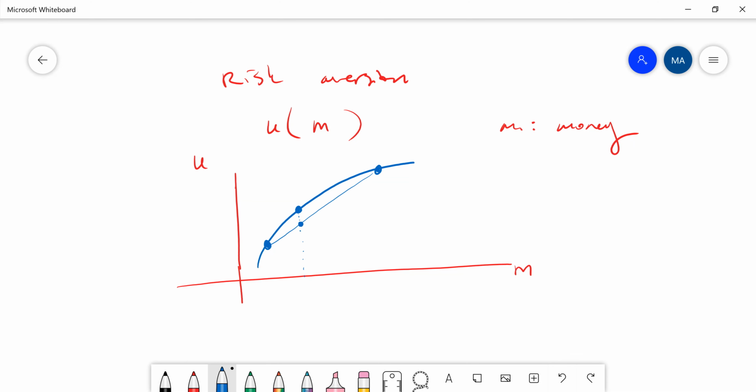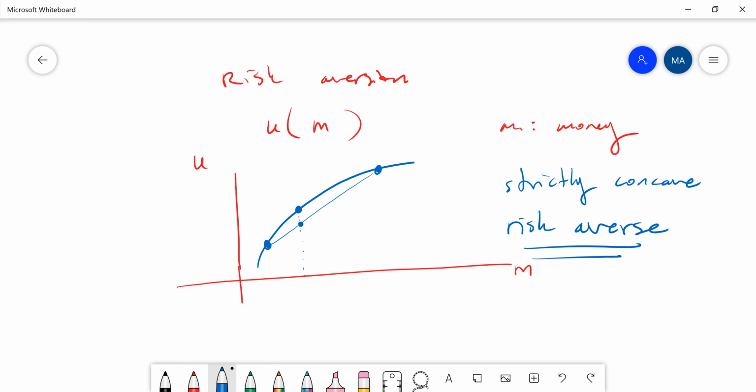So in that case, this function is strictly concave. If the function is strictly concave, we call these agents risk averse. So the preference parameter here could be modeled in this way.